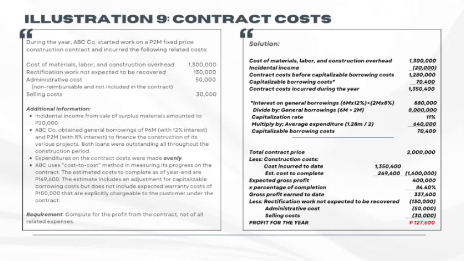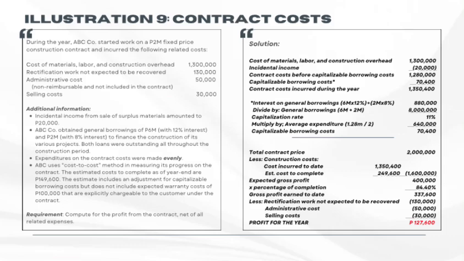A separate computation for the capitalizable borrowing cost is stated below. And from there, we can have our contract costs incurred during the year, which is 1,350,400.